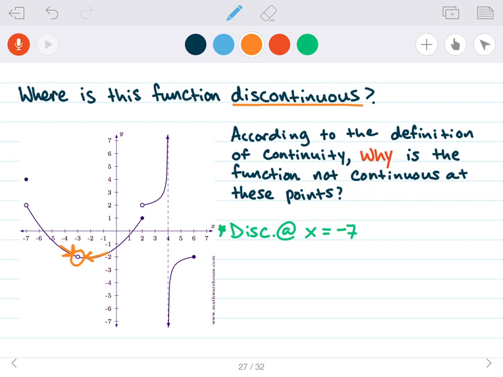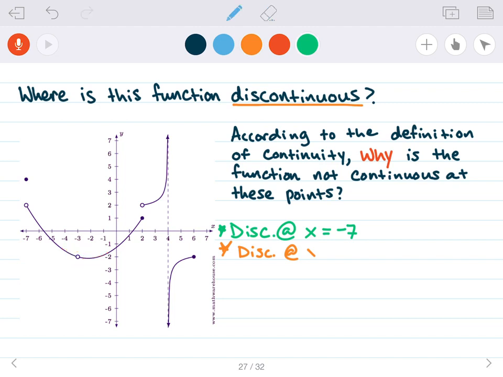We don't have a closed dot right here or anywhere else, and so because it's not defined here, we can say that this is also discontinuous at x equals -3.